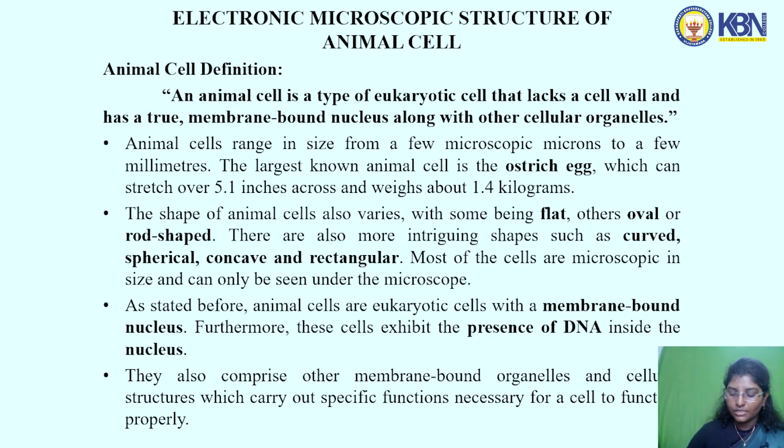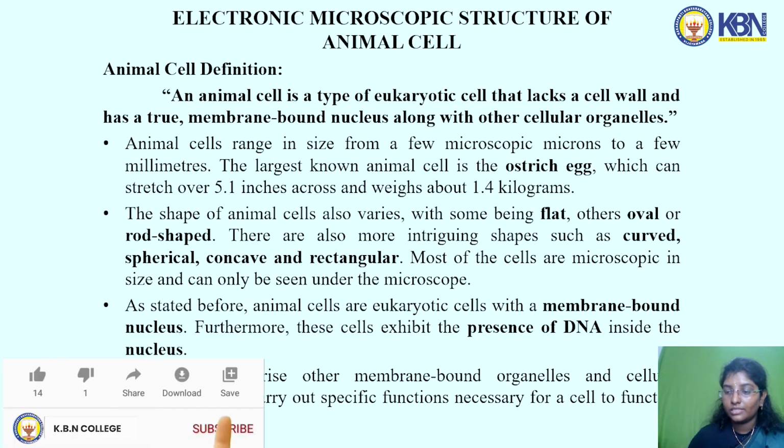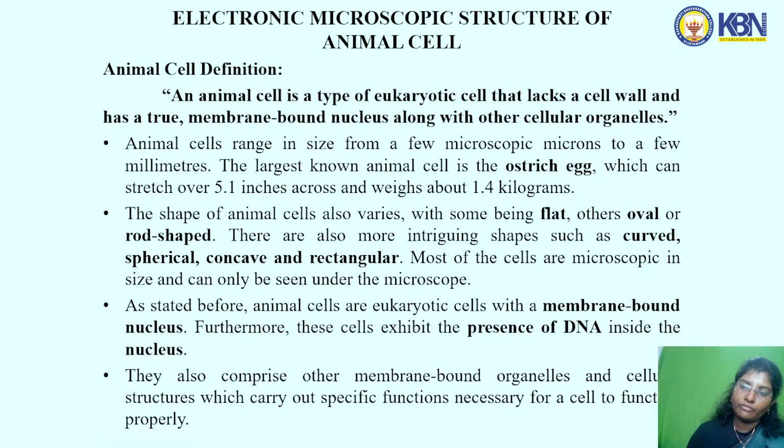The largest animal cell on earth is the ostrich egg, which stretches over 5.1 inches across and weighs about 1.4 kilograms. The shape of the animal cell varies: flat, oval, rod-shaped, curved, spherical, concave and rectangular. These cells can be observed under a light microscope.